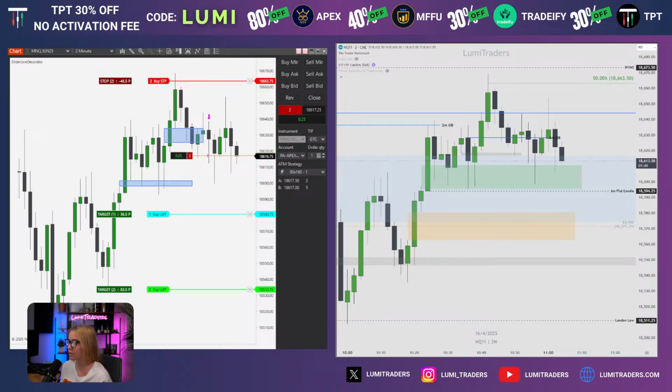It's more of a scalp trade because today is kind of tricky price action. Overall, from what I see, the high time frame is more consolidation.